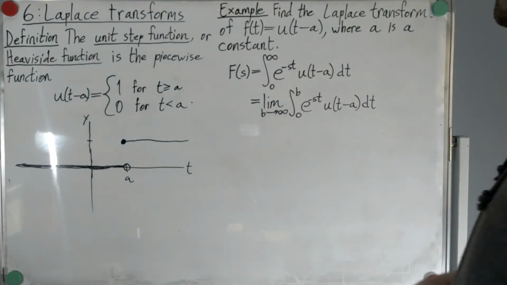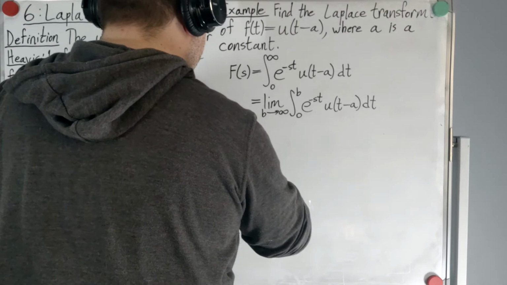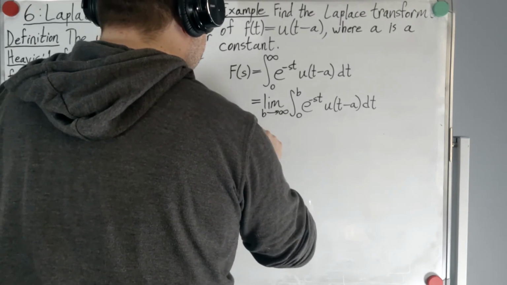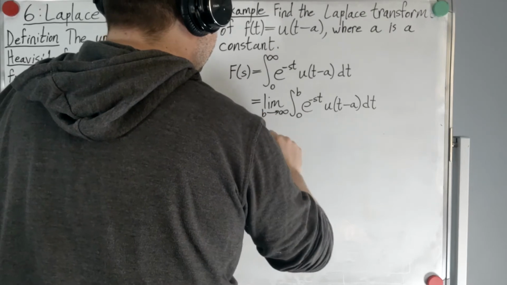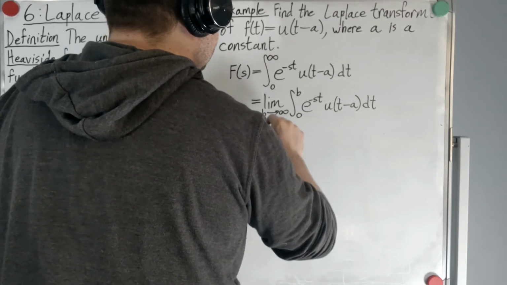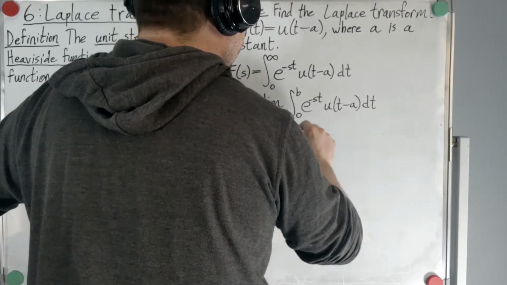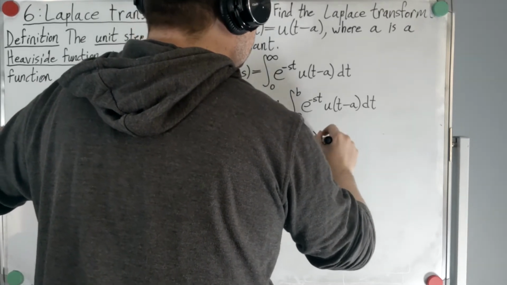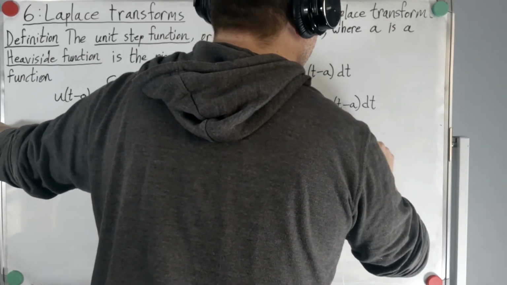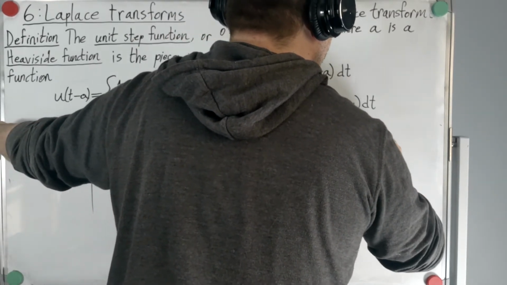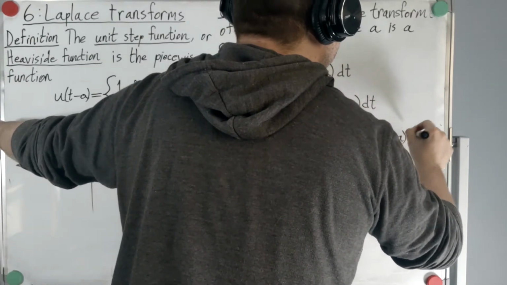So what I'm saying is like this. This is the limit as b approaches infinity of the integral from 0 to a of e to the negative st u of t minus a, plus the integral from a to b of e to the negative st u of t minus a.